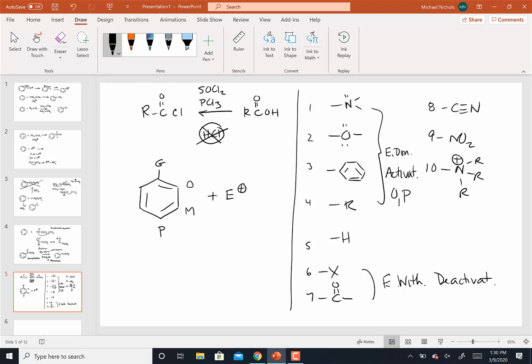The group that's on the ring is going to be called a director. All of the activating groups tell the electrophile to go to the ortho position to form one product, and to the para position to form the second product. So we're going to get a mixture of ortho and para products. When there's an activating group on the ring, it directs E+ ortho and para.